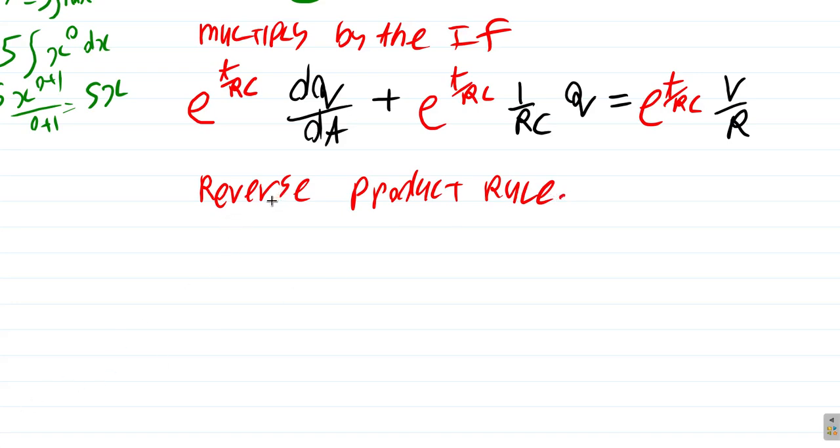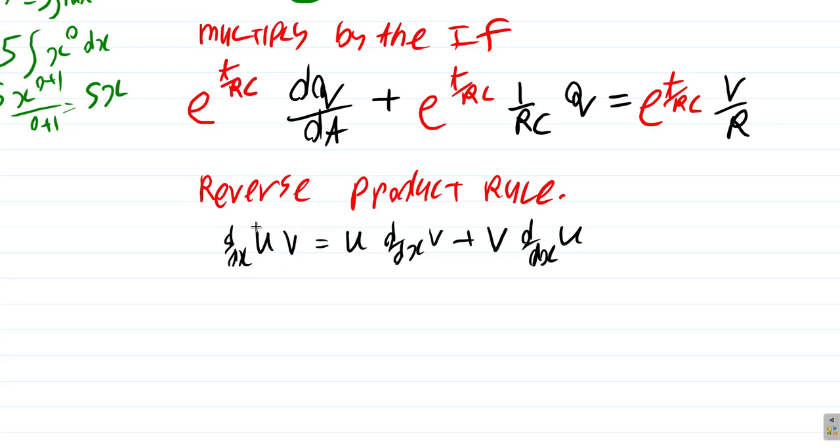Now, remember what the product rule says: if you have two functions, u times v, when you differentiate u times v, you hold u and find the derivative of v, plus you hold v as it is, times the derivative of u.